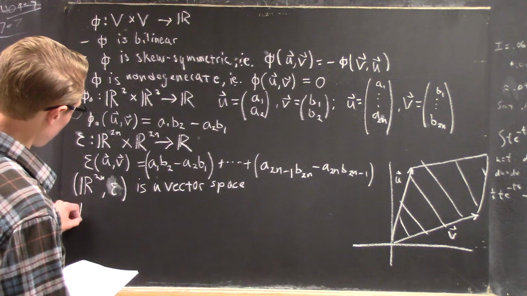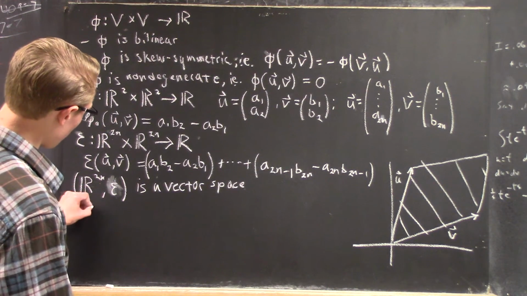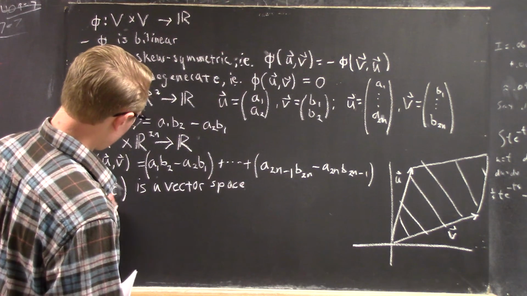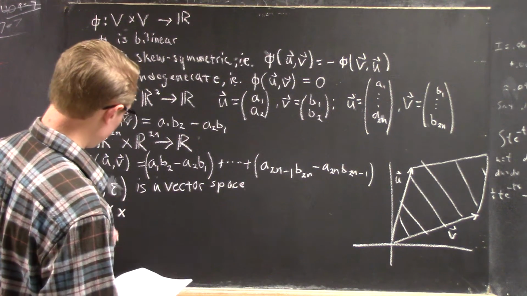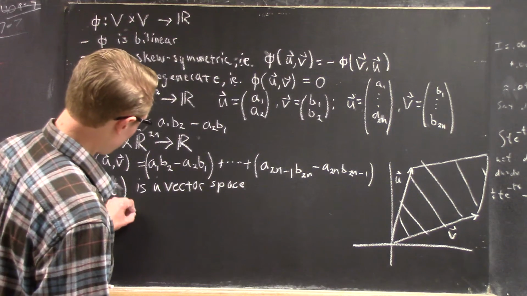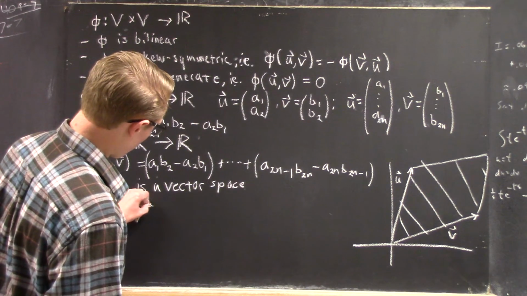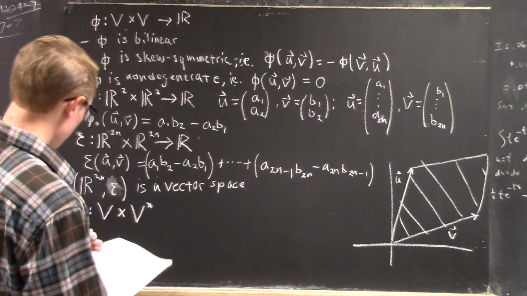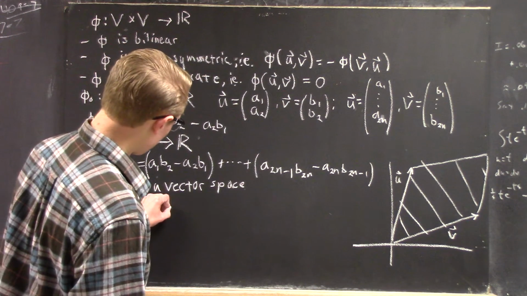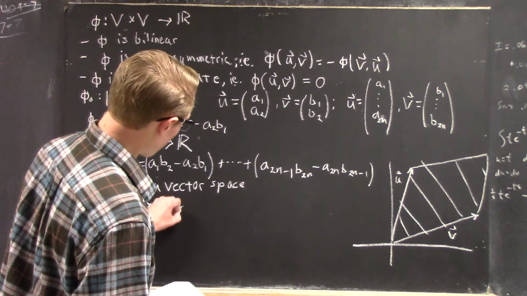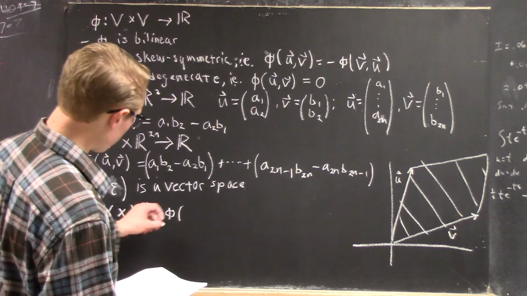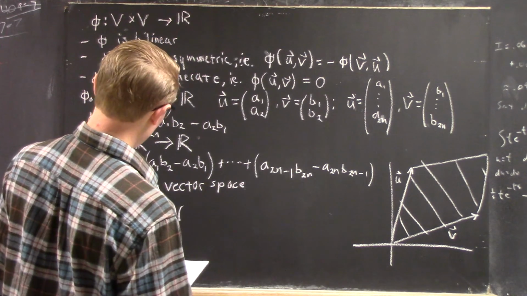If we use that notation, we're going to look at the Cartesian product of v cross v, where this would be given by phi of two vectors. We can call them, or one particular vector.